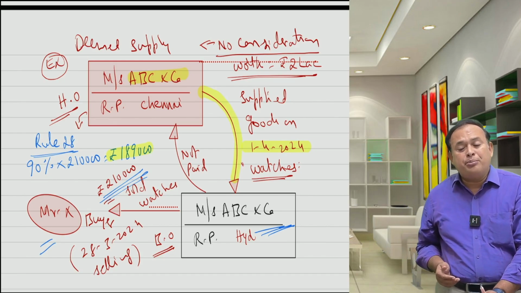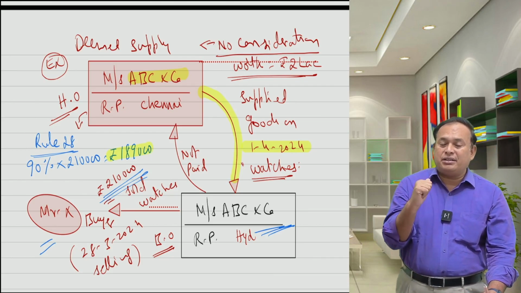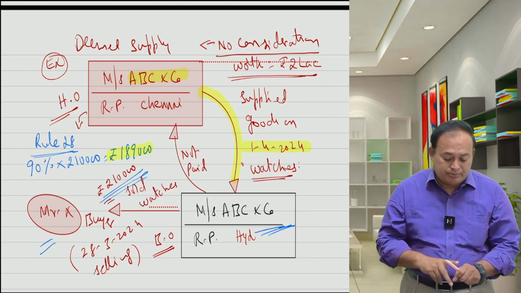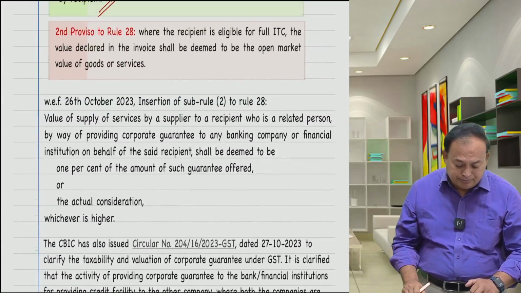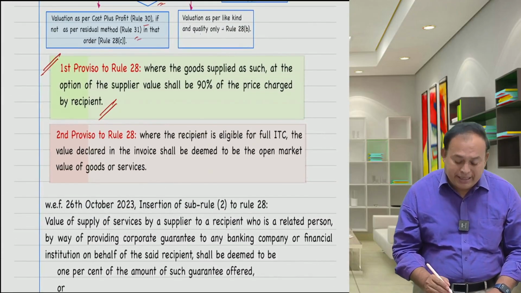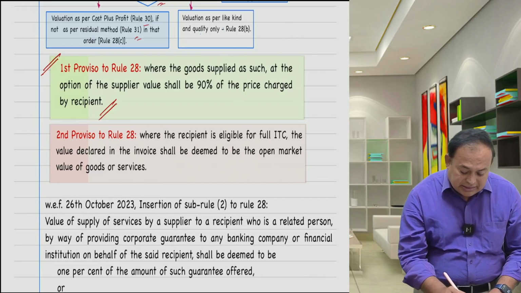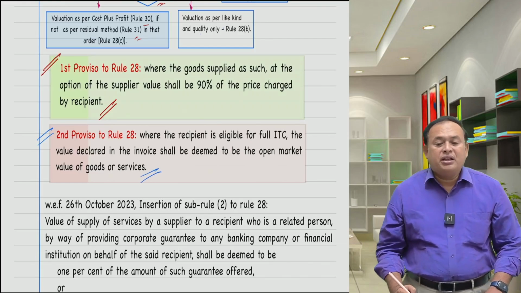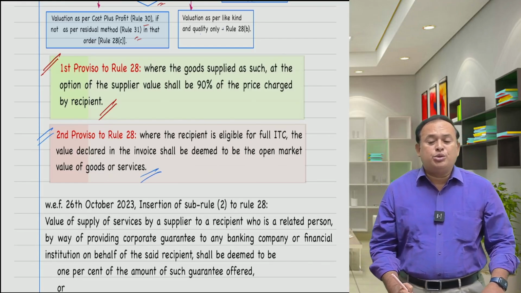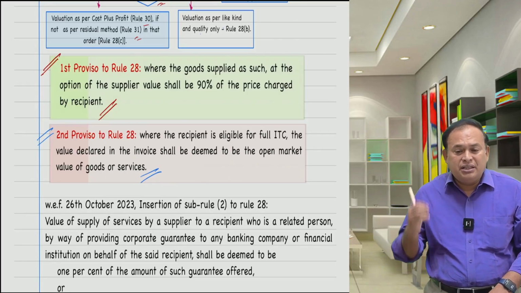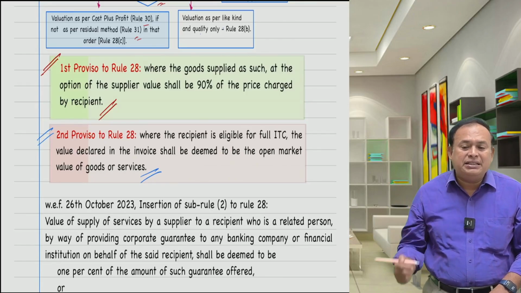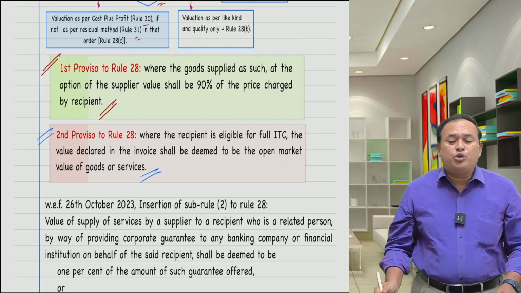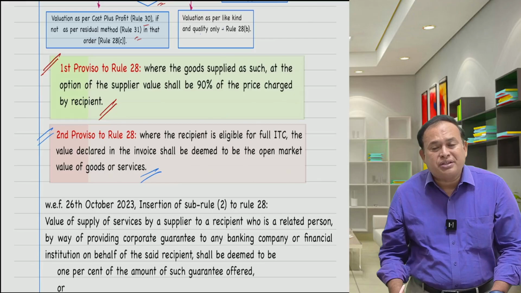Suppose ABC Company Hyderabad says I want input tax credit. Then there is the second proviso in rule number 28, which says that where the recipient is eligible for full input tax credit, the value declared in the invoice shall be deemed to be the open market value of the goods or services.